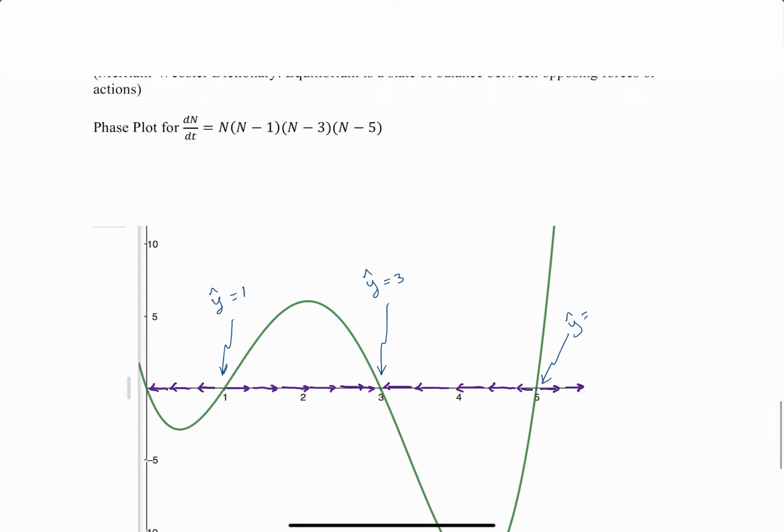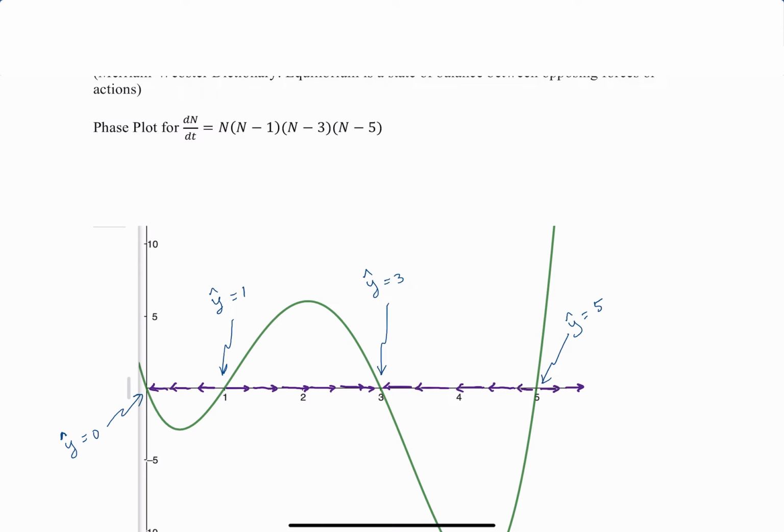And I'm calling those y hat because that's standard notation. Oh, and also, almost forgot this one, y hat equals 0 was a solution, and since it's a constant, that means it's an equilibrium solution.